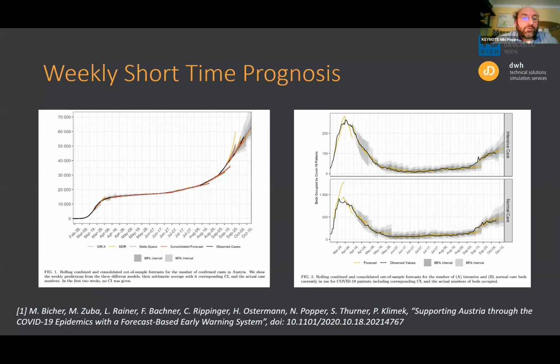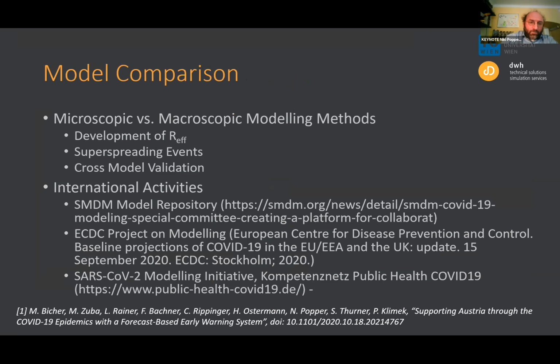So these are also results from the publications, and you can see we update every week and compute the actual development every week, and we prognose the resource need in the ICUs every week for up to 3 weeks in advance. And those are the results which can be seen in our preprint. Of course, model comparison is done in a lot of different ways, and that's very important in my opinion.